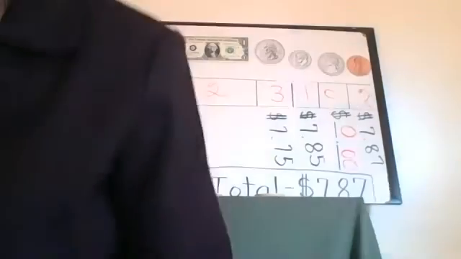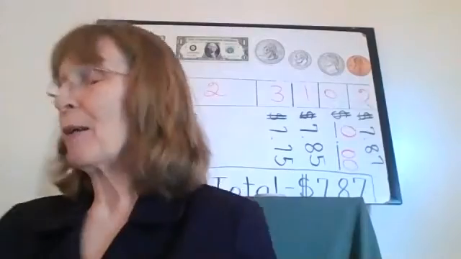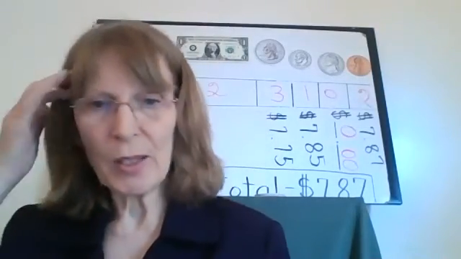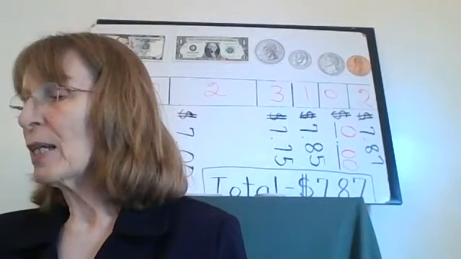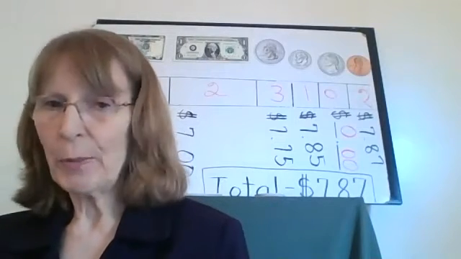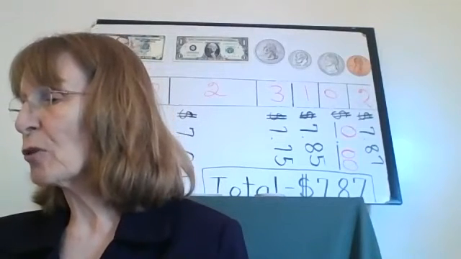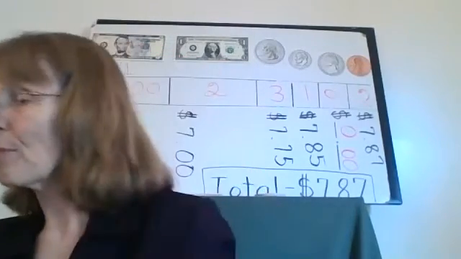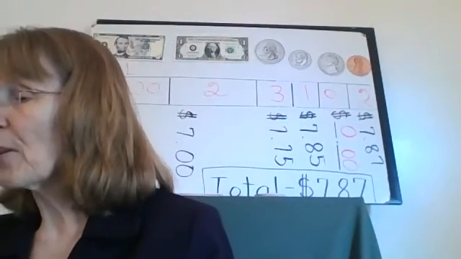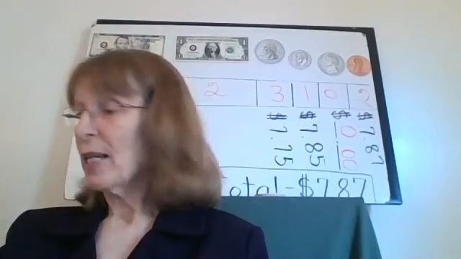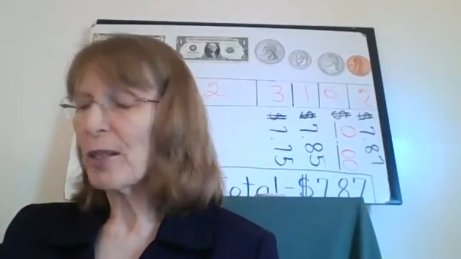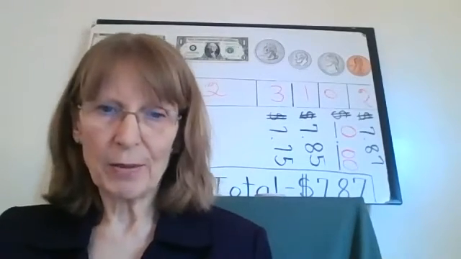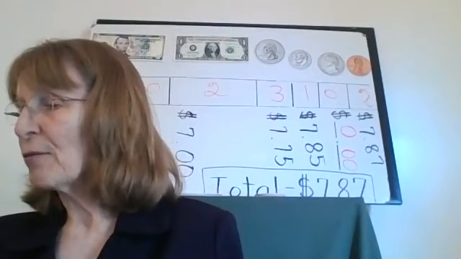Okay? I'm going to review a little bit, and then we're going to do some combinations that are here. In section 3 on the back page, it says, write the dollar amounts that the money is between. Circle the dollars that the money rounds to. So it says $4.15. You have to look at the cents and decide.